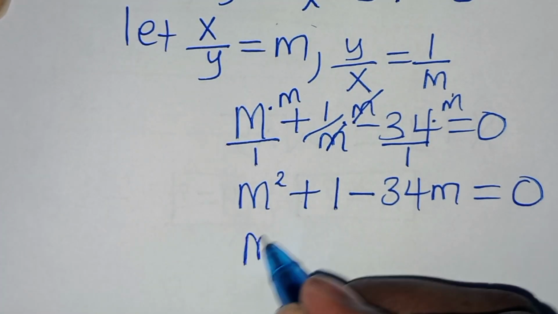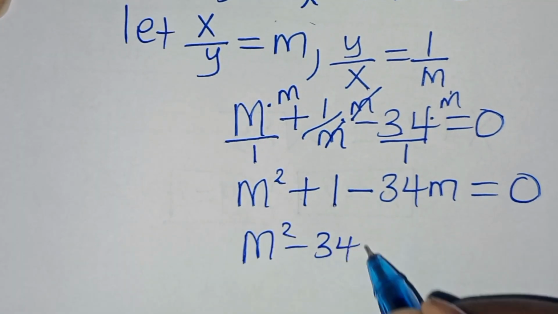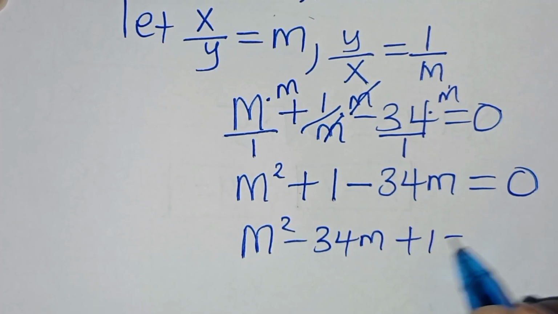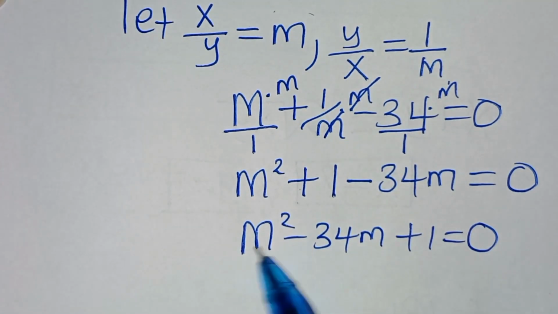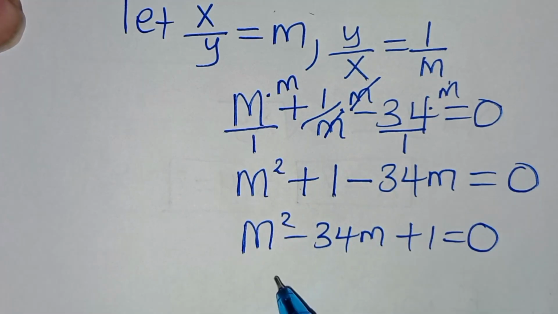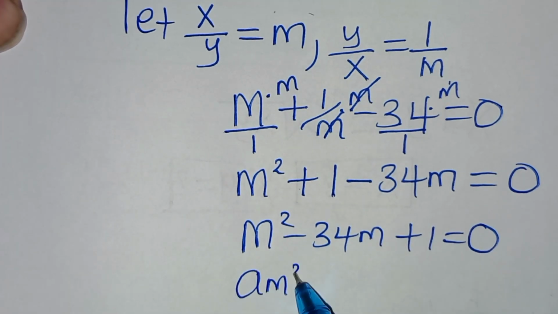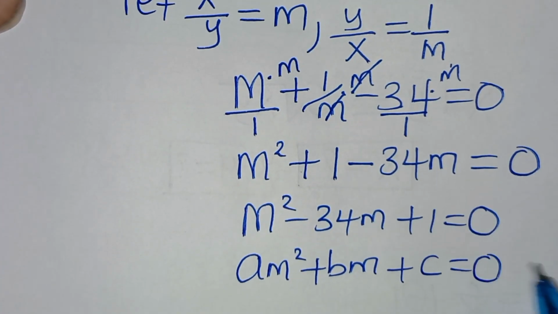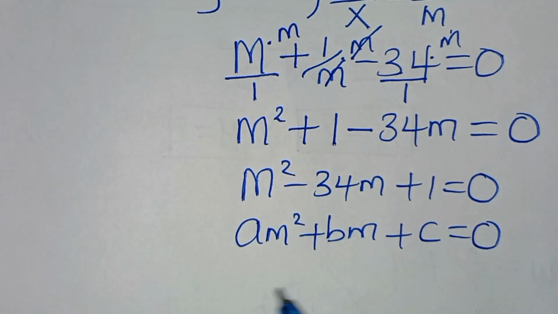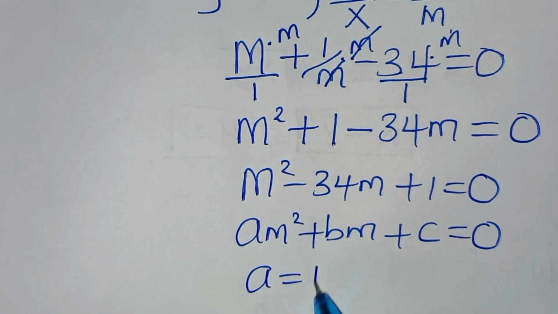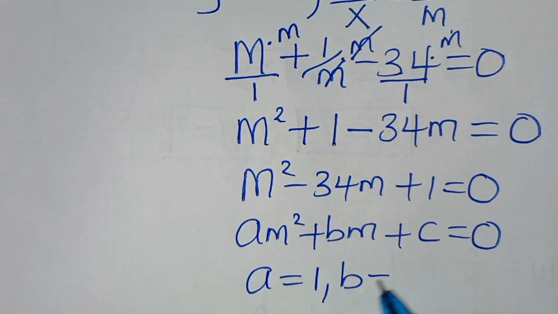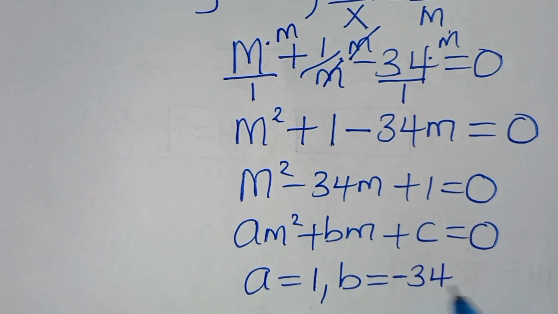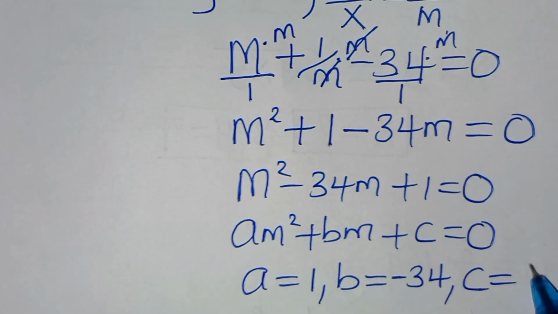So this is m squared minus 34m plus 1 equals 0. This is a quadratic equation of the form am squared plus bm plus c equals 0, where a is 1, b is minus 34, and c is 1.